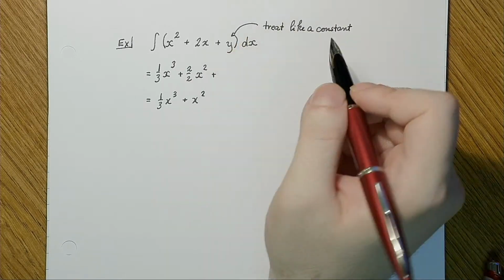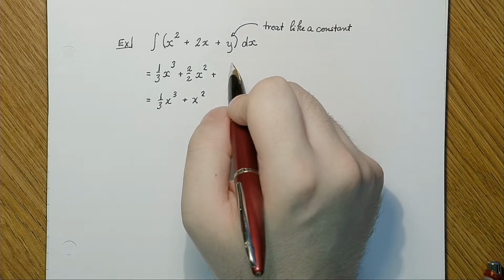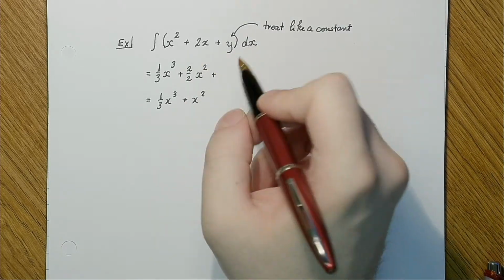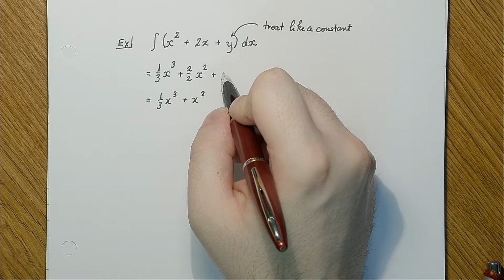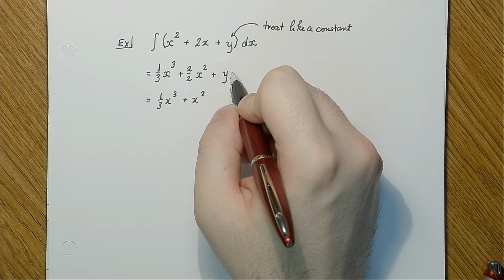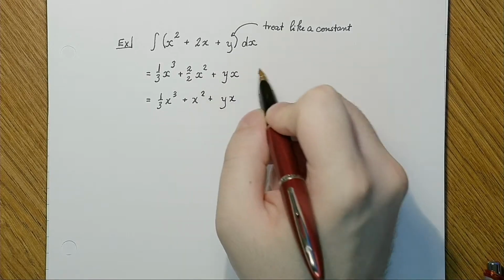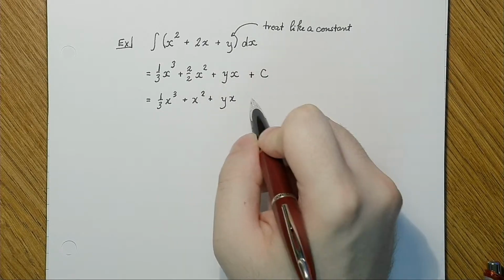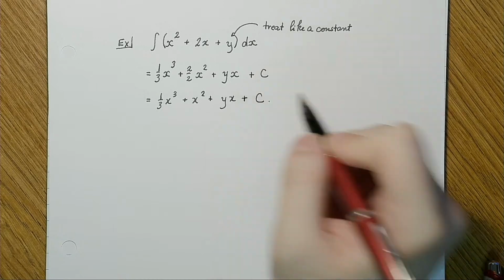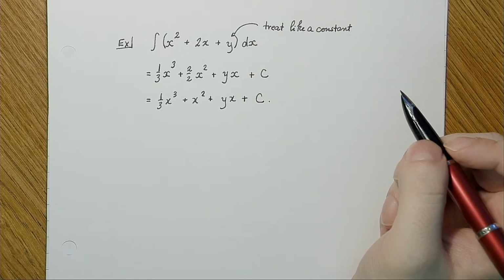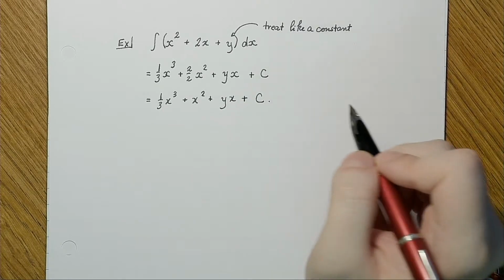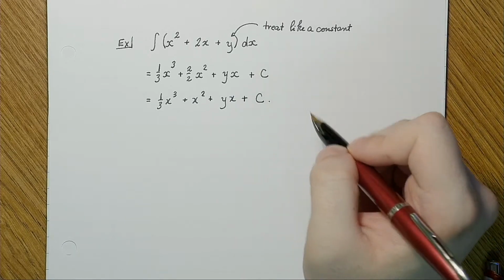Y is not changing. It's the x's that are changing. So you treat it like a constant, so it's just like y times x, plus a constant, our integration constant.